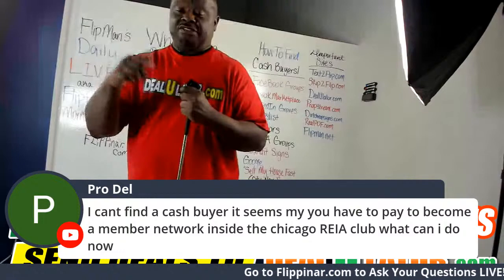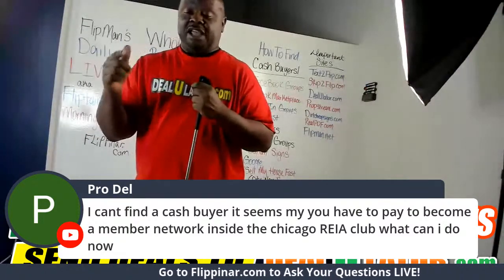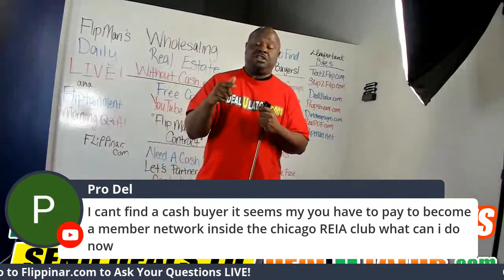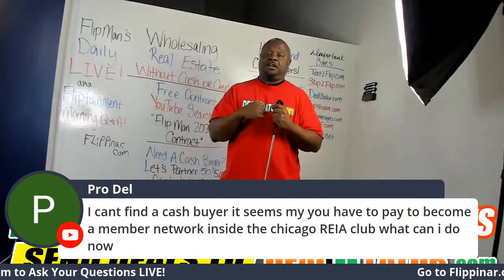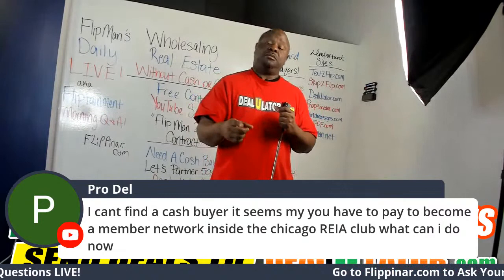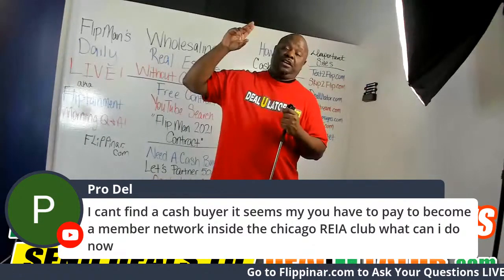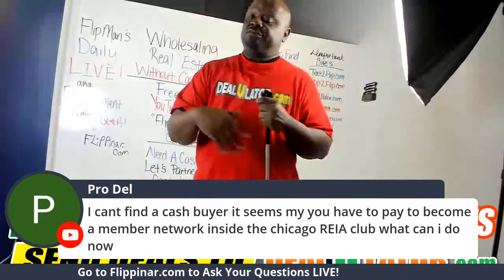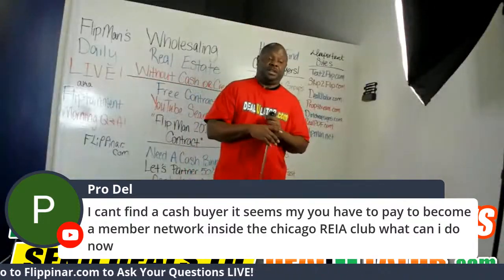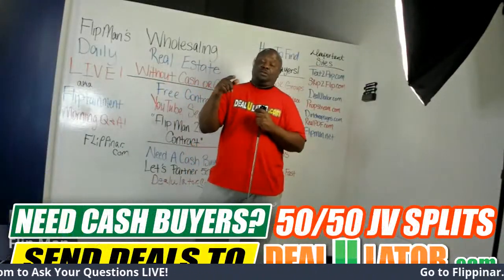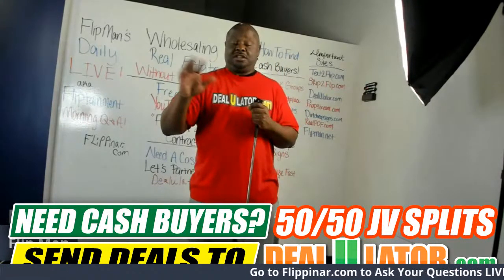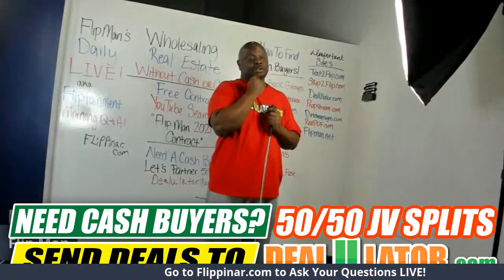He says it seems like you have to pay to become a member of the network inside the Chicago REIA club. Don't worry about that. If you have a deal, you can submit it to deallater.com. If you're dealing with the seller directly, it's under contract, it's a great deal, and it's off market, we'll split it 50-50. You know what I'm saying? Now, Chicago is a little tricky there, but I think we still get it done because of the law that they changed.